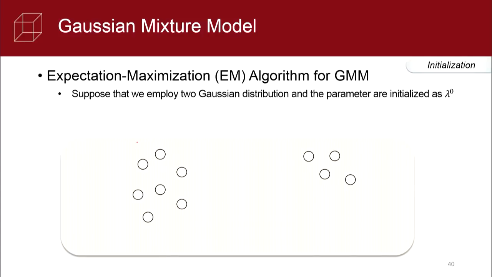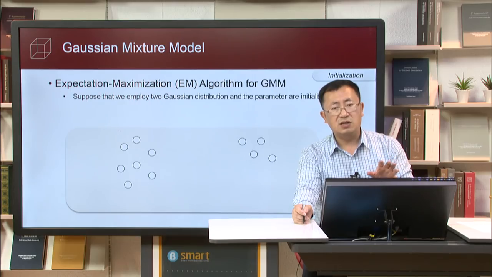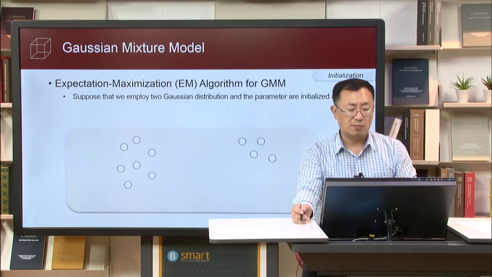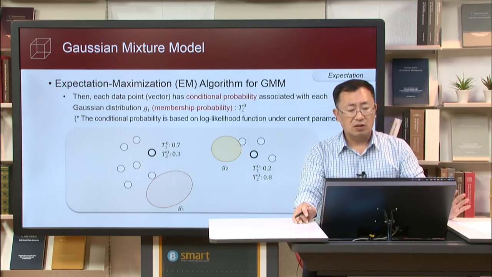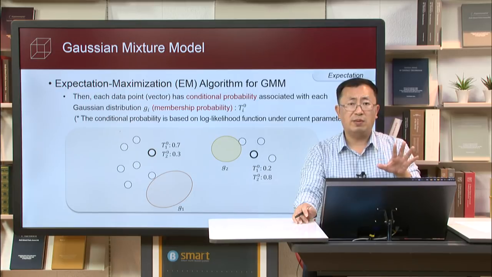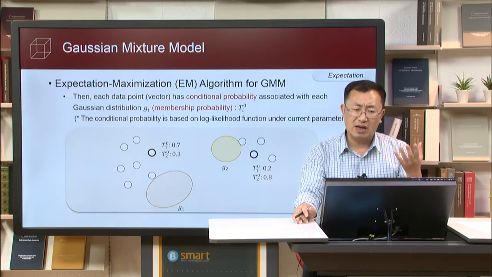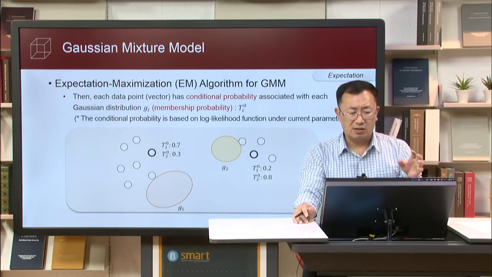So let's take a look at the example. Suppose that we employ two Gaussian distributions, and let's say we initialize the parameter with lambda 0. Given that, by using the parameter lambda 0, you can calculate the likelihood value.